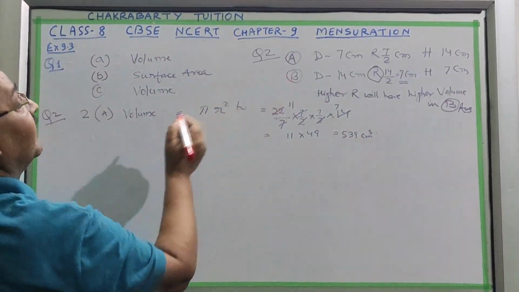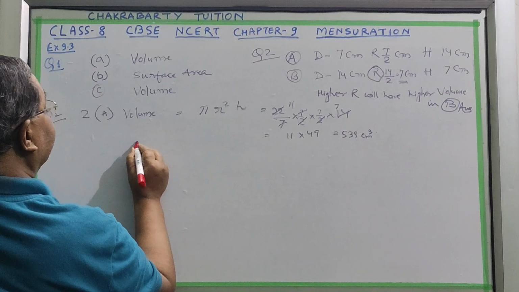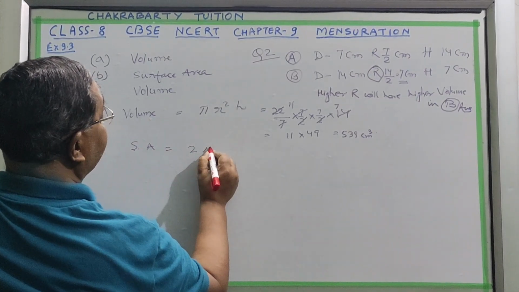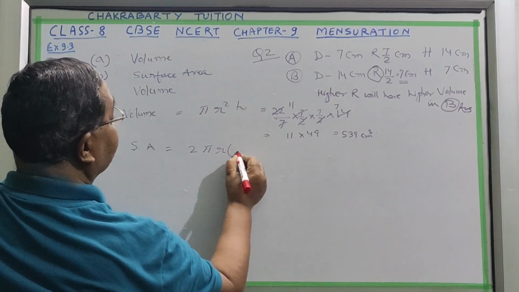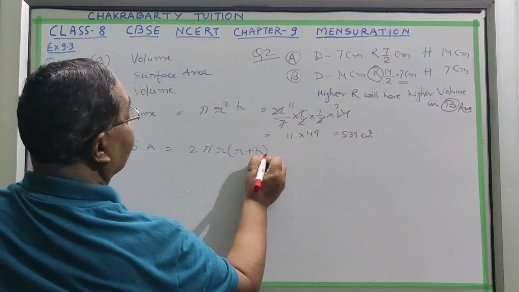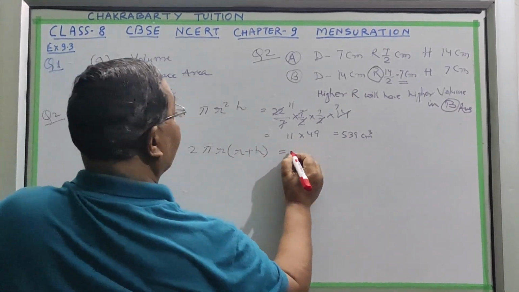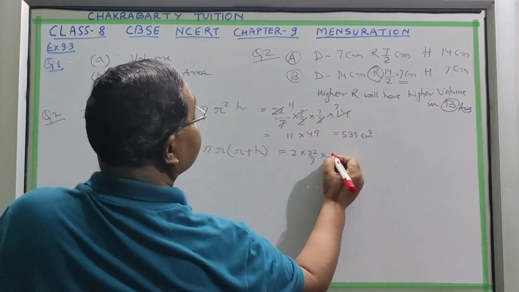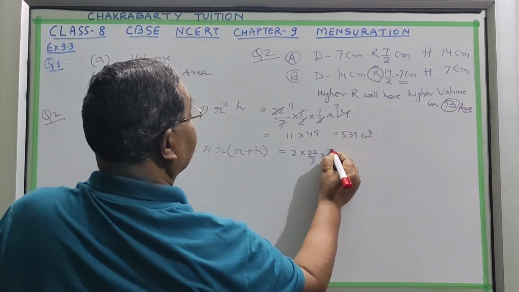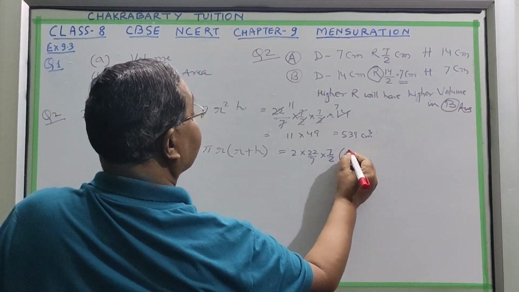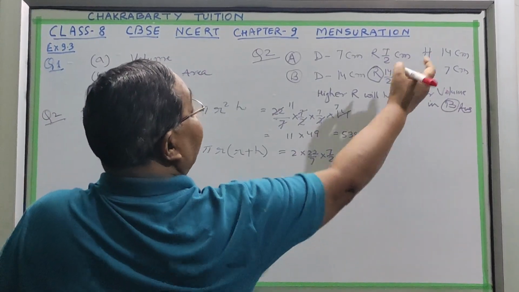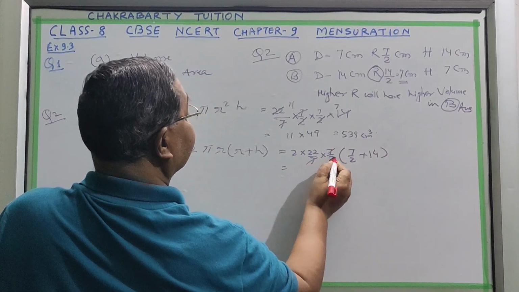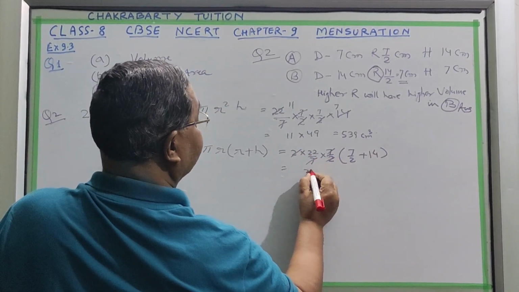And its surface area is equal to 2 pi r into (r plus h). So here 2 into 22 by 7 into 7 by 2, radius is 7 by 2, into 7 by 2 plus height 14. This will cut, this will also cut, so 22 will remain here.